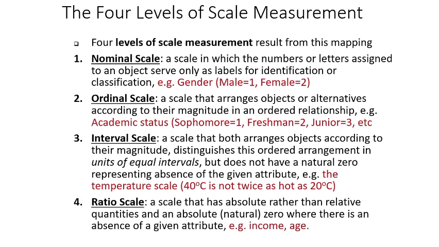That is said to be the nominal scale. Let us suppose gender, male and female: 1 is given to male, 2 is given to female. So this is the nominal scale. A classification, a distinction on the basis of name, that is said to be the nominal scale.